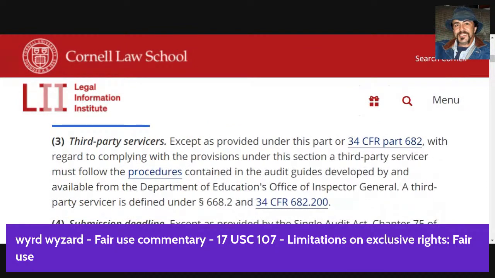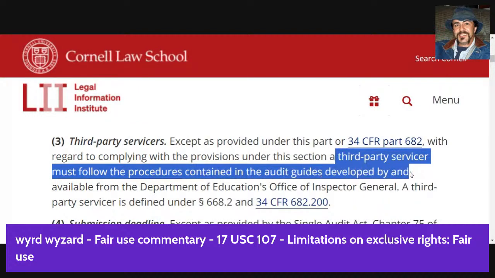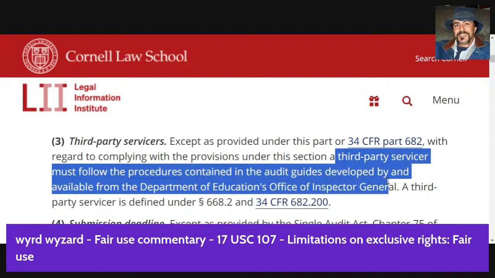Third-party servicers, except as provided under this part or 34 CFR Part 682, with regard to complying with the provisions under this section, a third-party servicer must follow the procedures contained in the audit guides developed by and available from the Department of Education's Office of Inspector General. A third-party servicer is defined under 668.2.